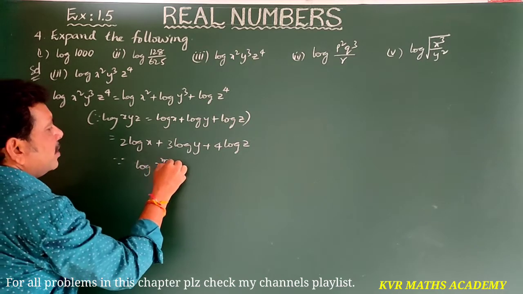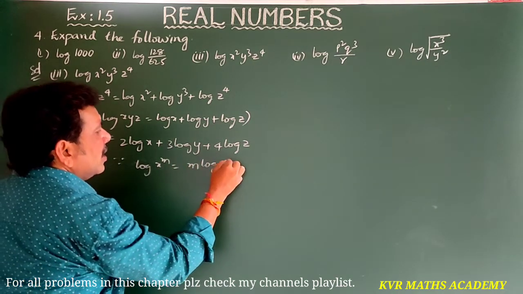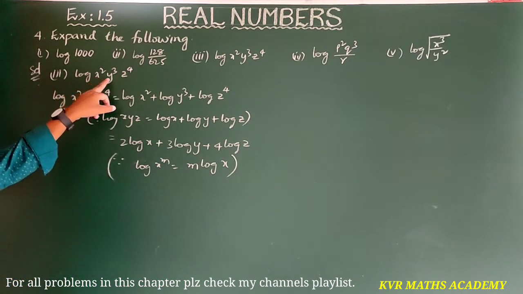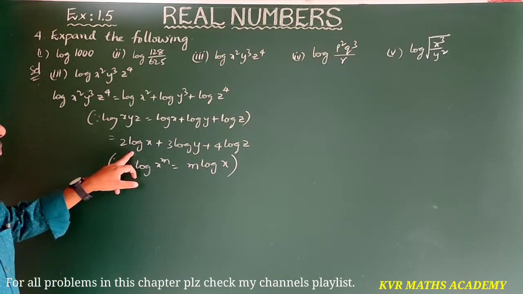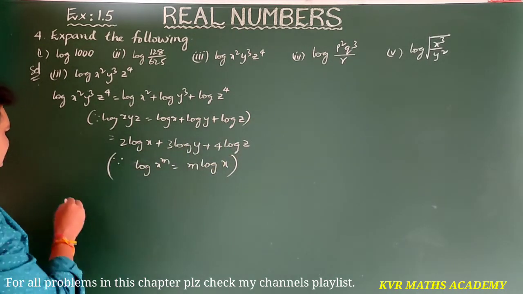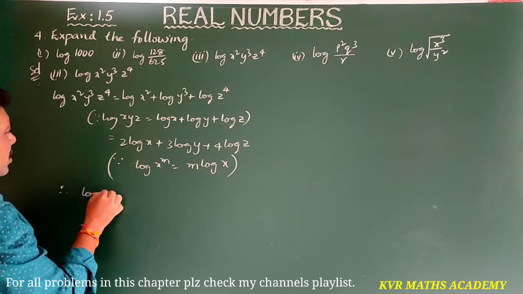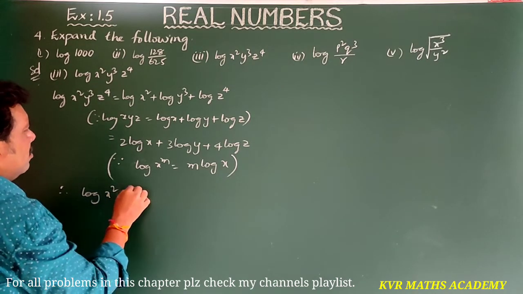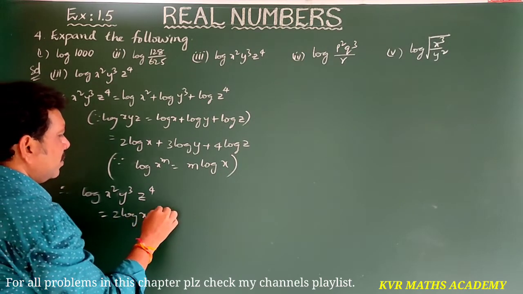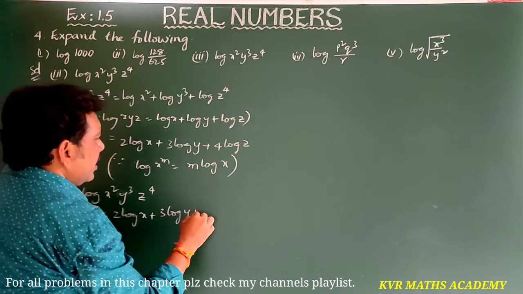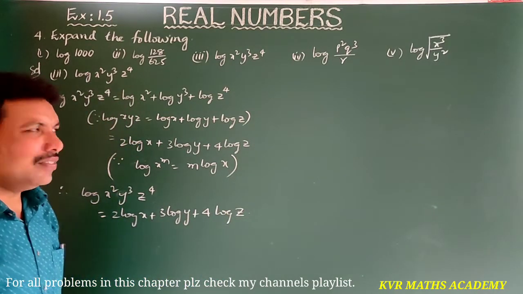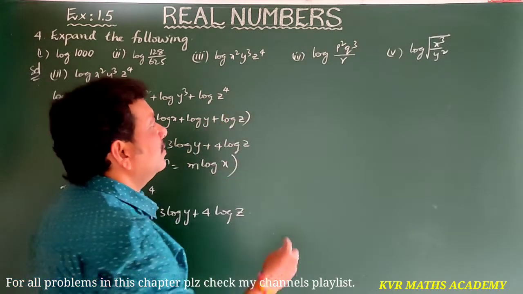So log x square y cube z power 4 in expanded form is 2 log x plus 3 log y plus 4 log z. Is it clear? Yes. Coming to the next one.